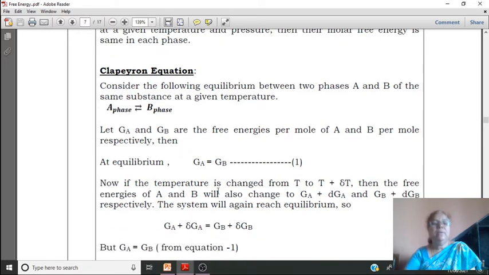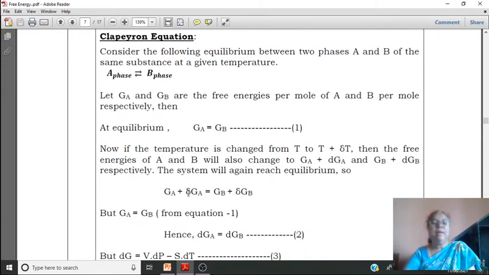Now if the temperature is changed from T to T plus delta T, that is, we have increased the temperature by delta T, then the free energies of A and B will also change to Ga plus dGa and Gb plus dGb.